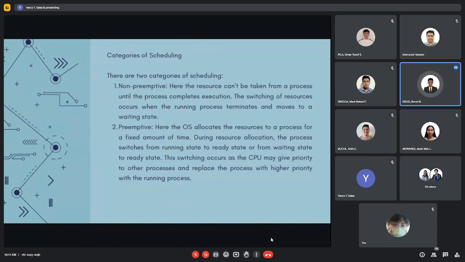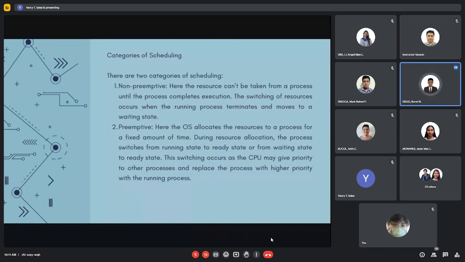So the resources can't be used by another process until this process is done executing or being terminated from the CPU.